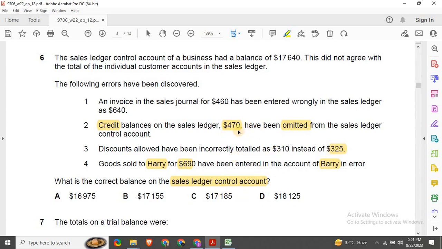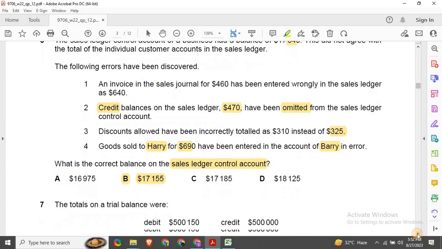So the total is 470 and 15, which is 485. 485 will be subtracted from 17,640, which gives 17,155. So it is option B, your correct option, 17,175.